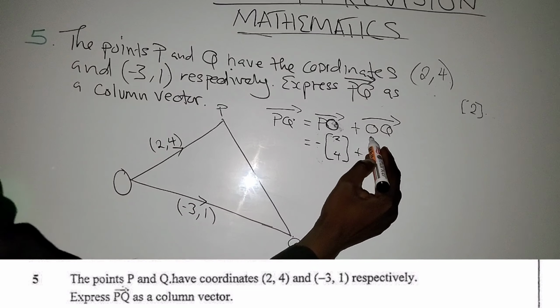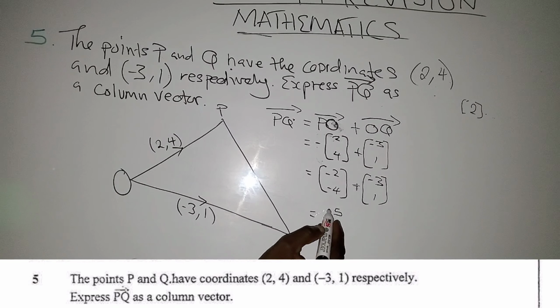So negative times 2 is -2, negative times 4 is -4, plus -3, 1. Then let's add -2 plus -3. Remember, positive and negative is negative. -2 minus 3 is simply -5.